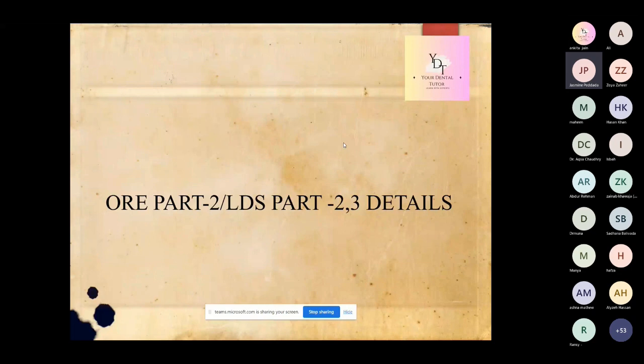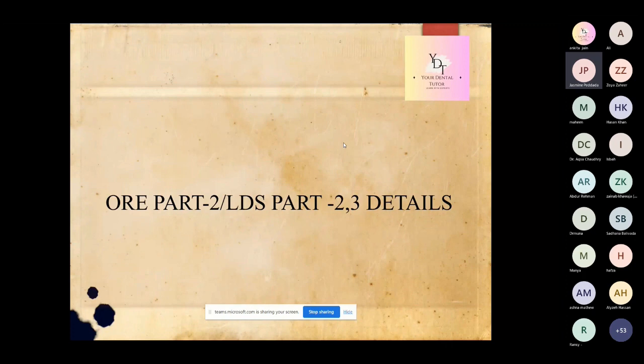Now, Dr. Ankita summarized really well how part one of LDS and ORE happens. The only thing I can suggest is that the core preparation is the same, guys. So you would have to be really thorough for part one. Once you have cleared part one, don't waste your time, because that same knowledge is carried forward for your part two exams.